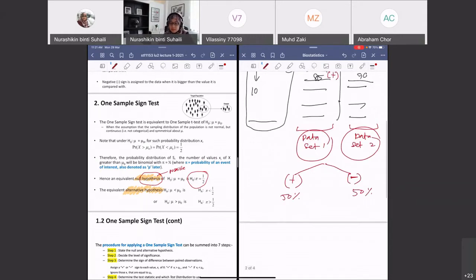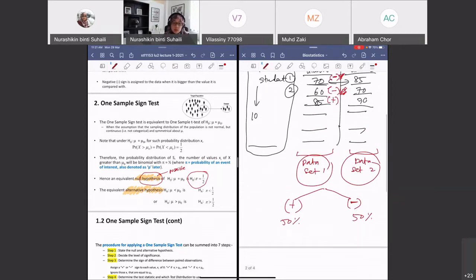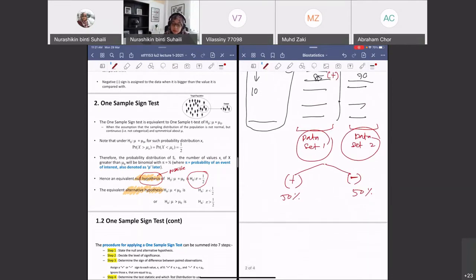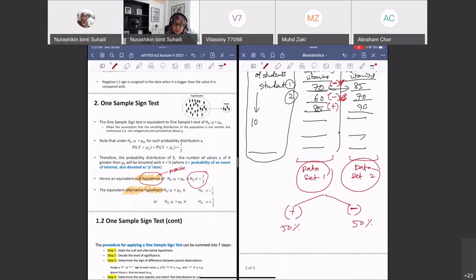So let's say we want to compare the data set 1 and 2 here, right? Before we analyze the data, in plain words, we can say that the data set 1 might be the same as data set 2, right? Means that there is no difference. That is one of the possible outcomes.